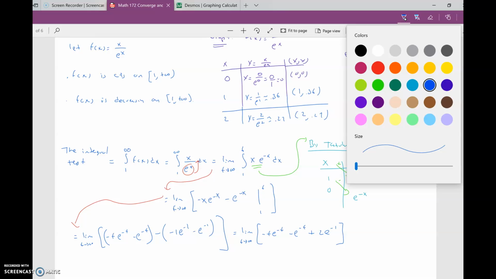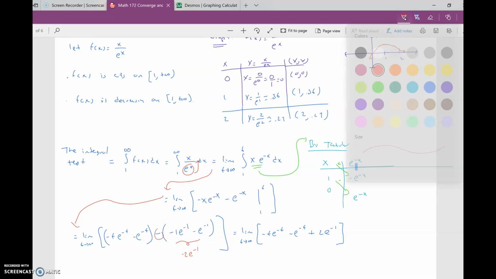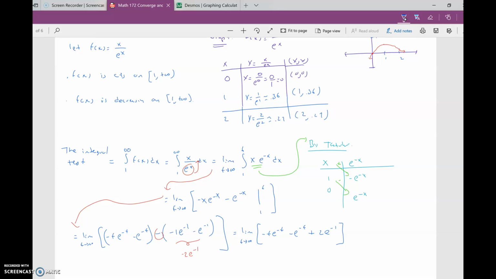And that's because technically these two would be negative 2. Negative 2 e to the negative 1 with the negative, it's going to give us a plus. Okay, at this point, let me actually evaluate those three, and let me get a new piece of paper.